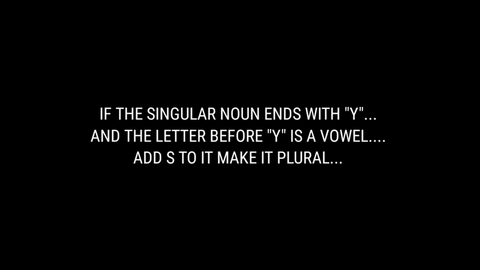If the singular noun ends with Y and the letter before Y is a vowel, add S to make it plural. So children, you remember what is a vowel? Yes, A, E, I, O, U. These 5 letters are vowels. Okay, example. Boy, just before Y, vowel O is there.